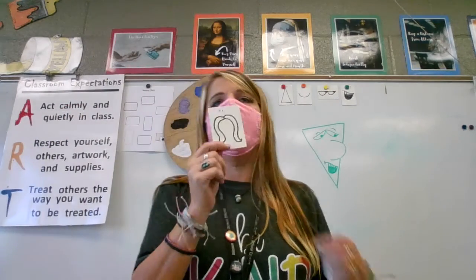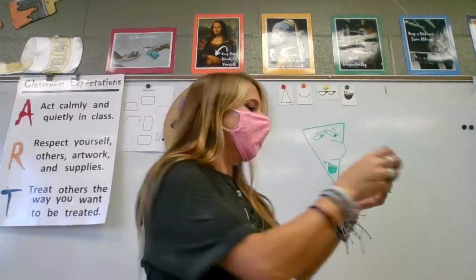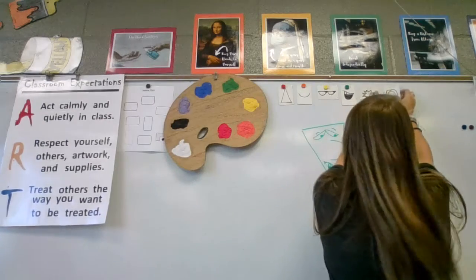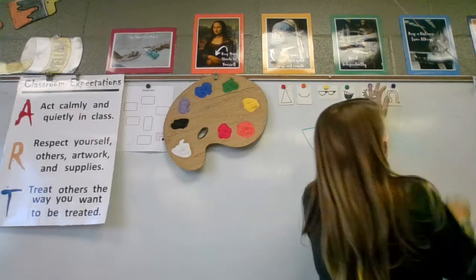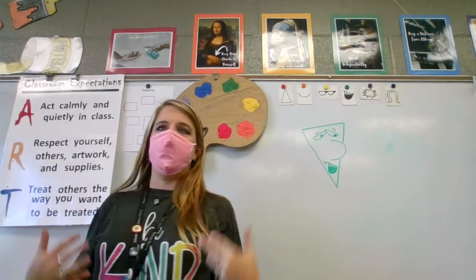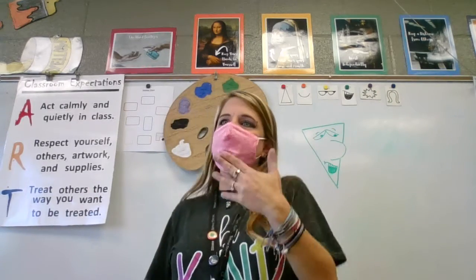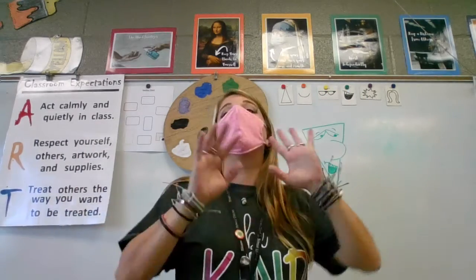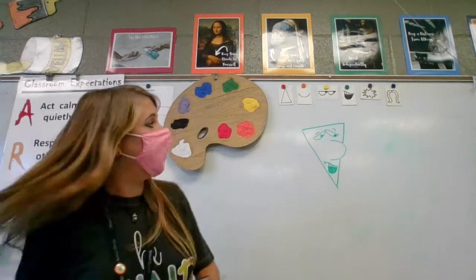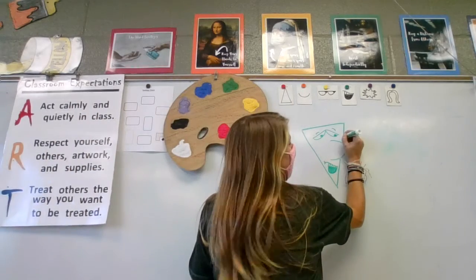Okay? Now, once you draw the hair, you can start adding all your other details. You can add ears. You could add glasses, jewelry, freckles, mustaches, hats, bows, scars, tattoos, a body, whatever you want. Any kind of clothes.